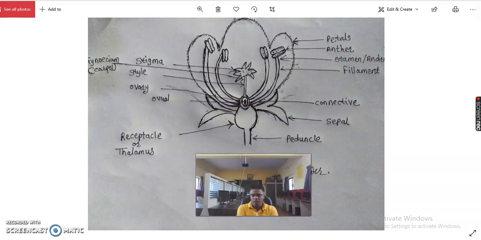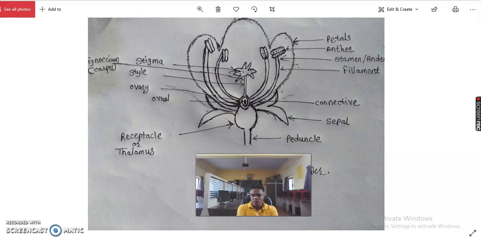Thus, there are altogether 4 locules in each anther. Each chamber of the anther is filled with pollen grains or microspores.